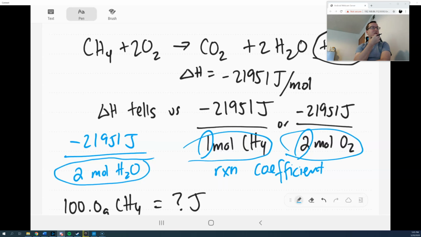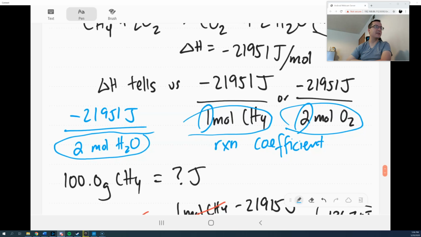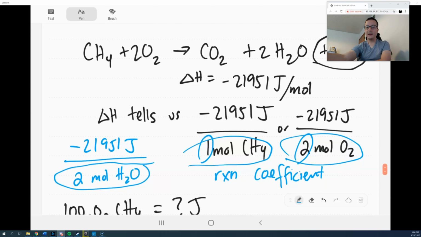So what's it going to be for carbon dioxide then? And again, you can write no idea if you have no idea. Yeah, perfect, exactly. I have nowhere to write it, but you are correct also. That's how I would do it. So delta H is one number, and you can relate it to any of your reaction components by using your reaction coefficients.